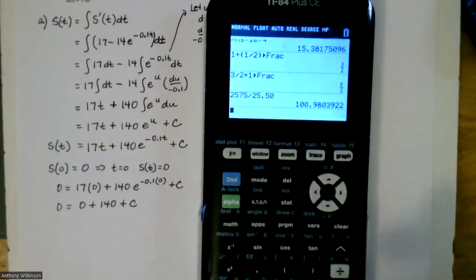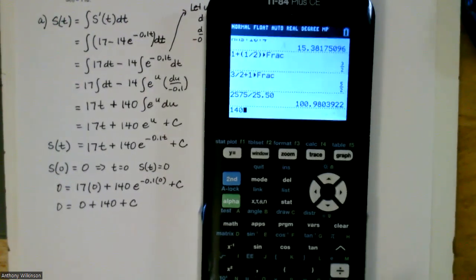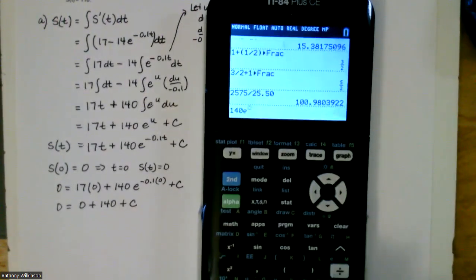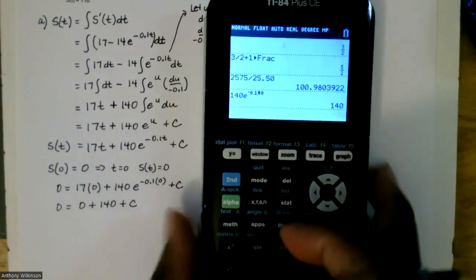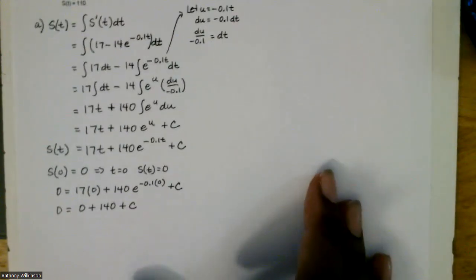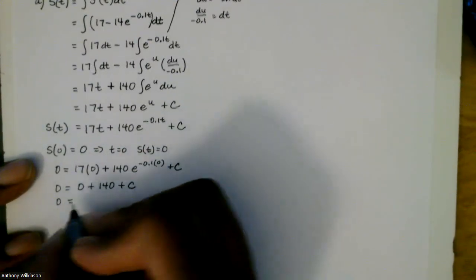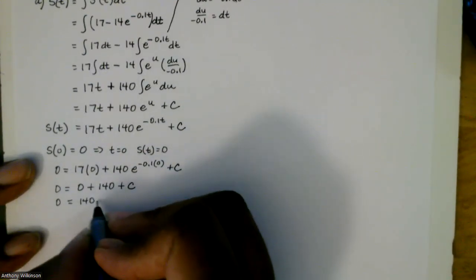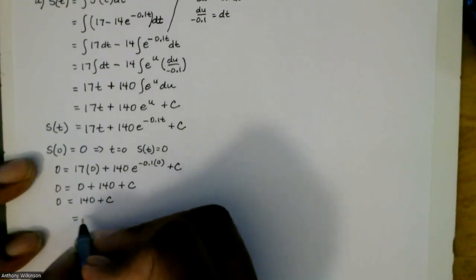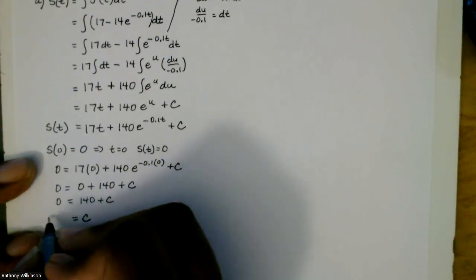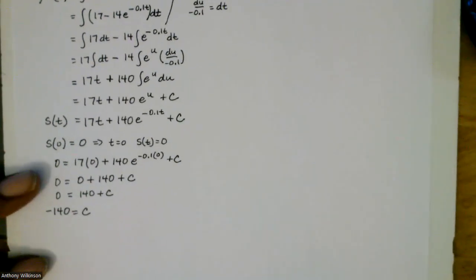Now, of course, if you doubt that, you can do this in the calculator: 140 times e to the negative 0.1 times 0 does give you 140. All right. So here I have 0 is equal to 140 plus c. If I bring the 140 over to the other side to get c by itself, your c will have to be negative 140.